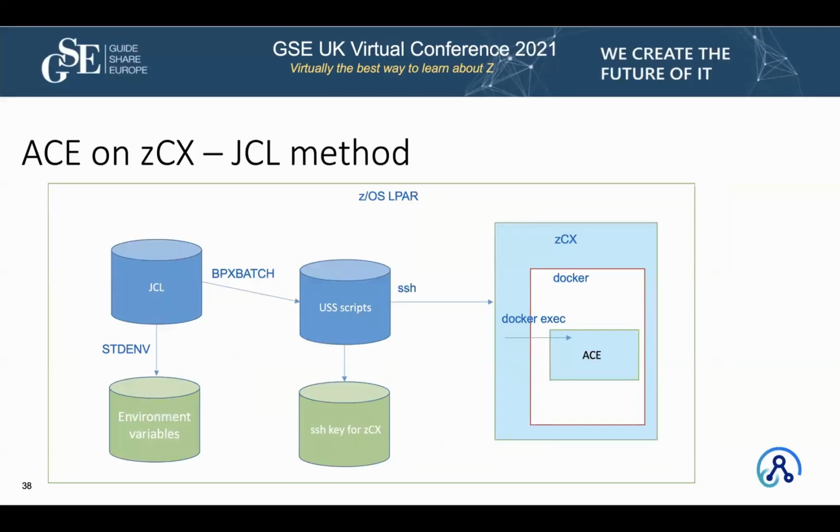But if you do need to use JCL, what you get when you install what we've produced is some sample JCL and some Unix System Services scripts. The JCL runs these scripts, and these scripts interact with the ZCX box and with the Docker container.